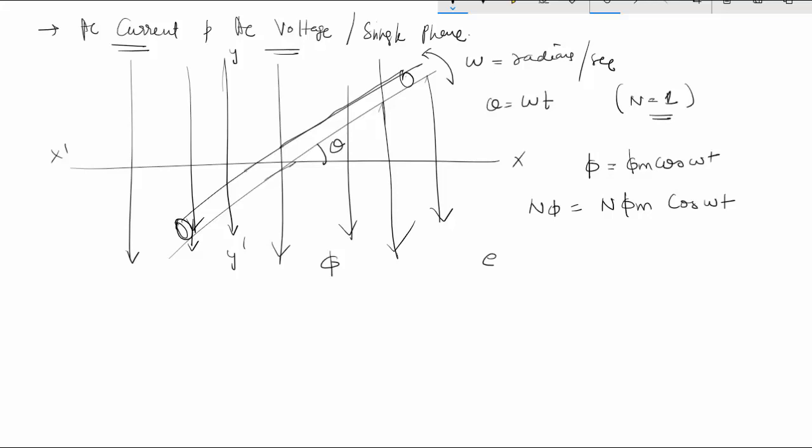And the EMF given by Faraday's law of electromagnetic induction will be E is equal to minus n d phi by dt.